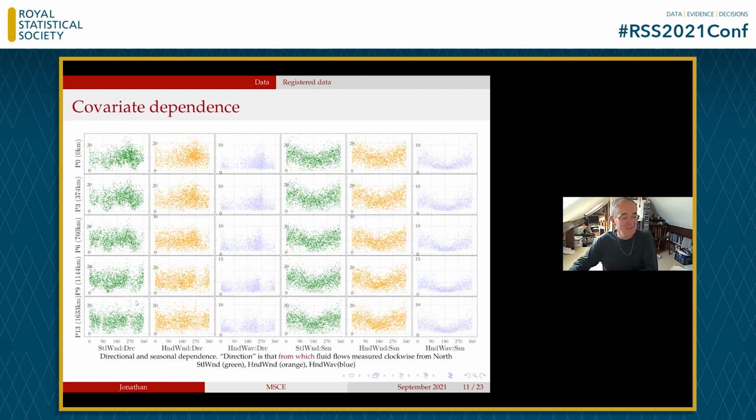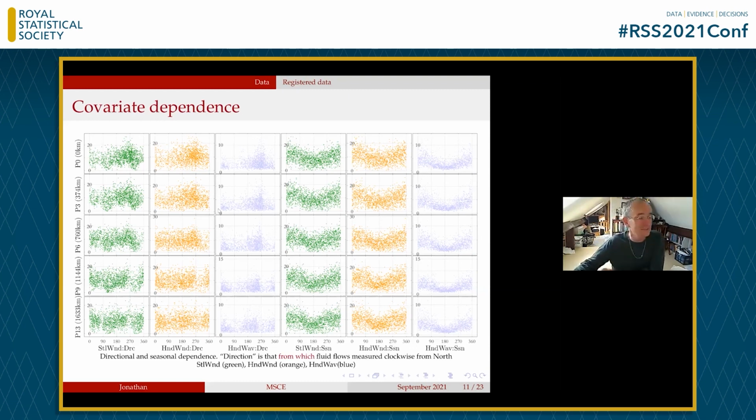Unfortunately, we have covariate dependence in all of these variables as well. We have directional variability of the quantities, and we also have seasonal variability. The last three columns show the seasonal variability, and you can see that this is standard across the three quantities and across space, going down the rows.